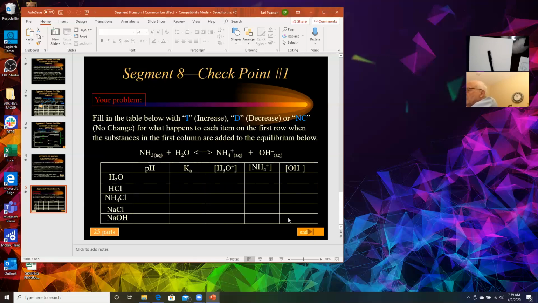You should work this out individually and then go to the discussion page on D2L to pick up the discussion with each other. I'll monitor that frequently, and if I see any problems, I will jump in and help you.